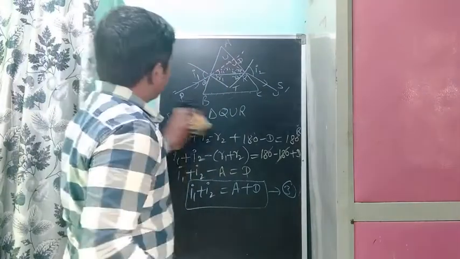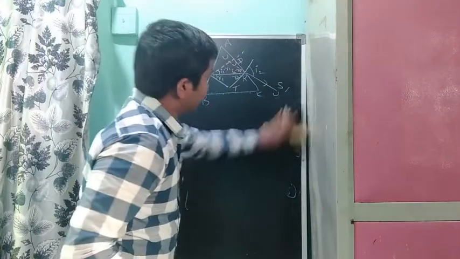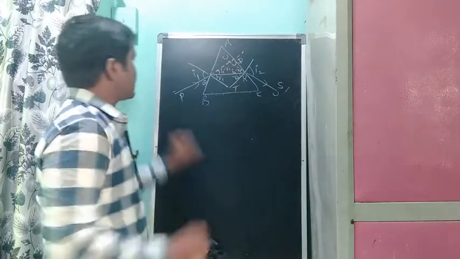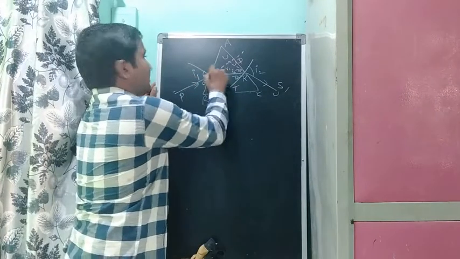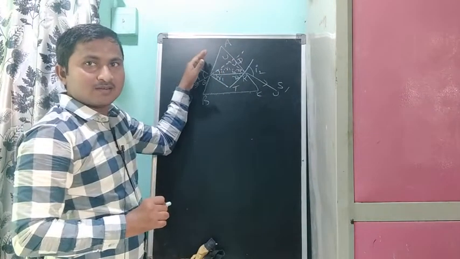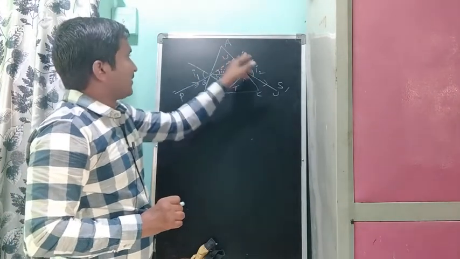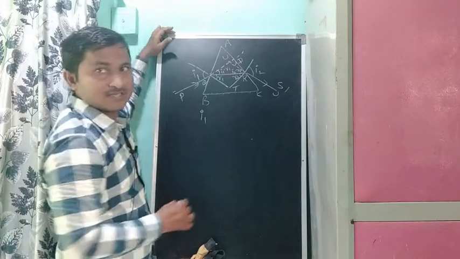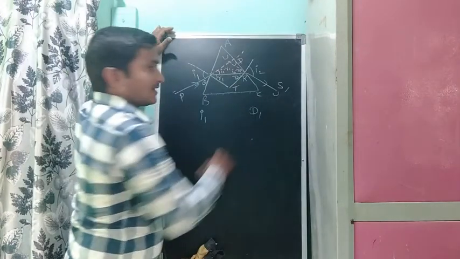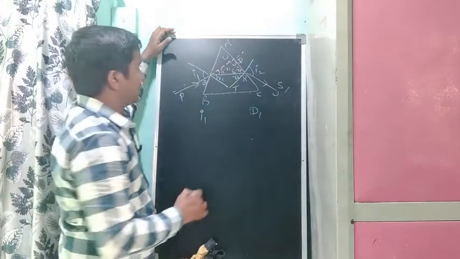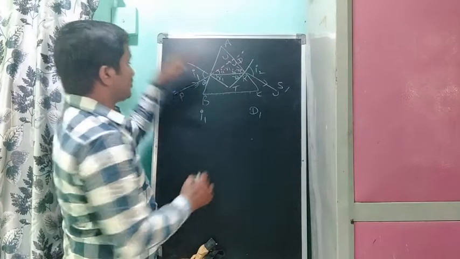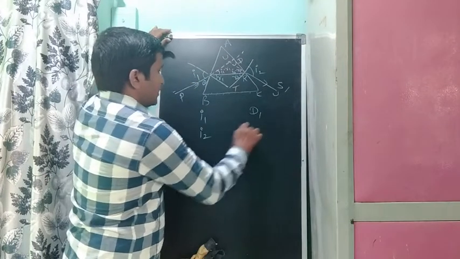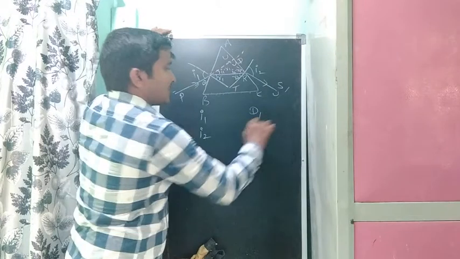Here the experiment is done in such a way that first the light is allowed to incident at some angle on the prism and we find out the angle of deviation. Suppose I1 is the angle of incidence, then D1 is the angle of deviation produced. Later the light is allowed to incident at another angle and we note down the corresponding angle of deviation.